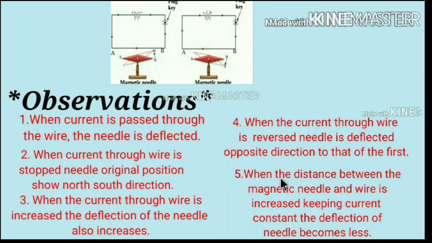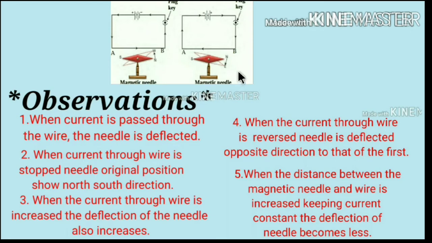Fifth, when the distance between the magnetic needle and the wire is increased, keeping the current constant, the deflection of the needle becomes less. When the current is constant but we take the magnetic needle to a longer distance, the effect of the magnetic field becomes less, and because of that the deflection of the needle also becomes less.